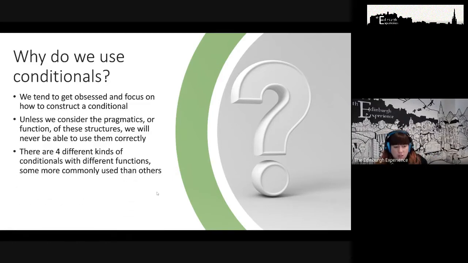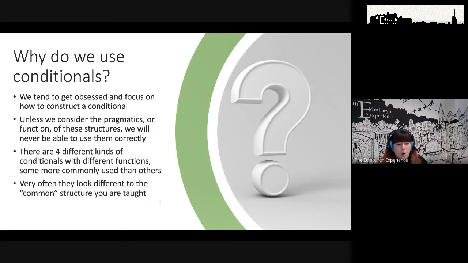And there are 4 different kinds of conditionals. Each of these have different functions. Some are used much more commonly than other structures, but we are going to focus today on the first conditional. And another thing to say with conditionals is that the way we use them in more natural spoken English is actually very different to the common structure that you always learn in your grammar books.